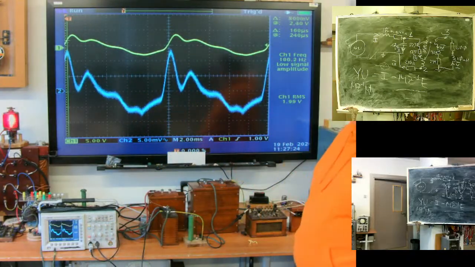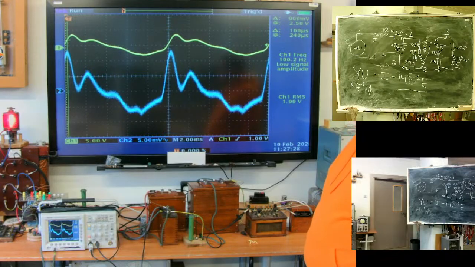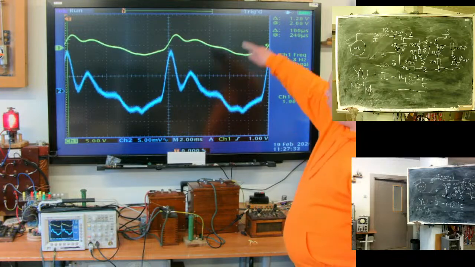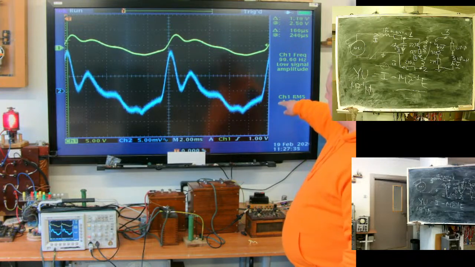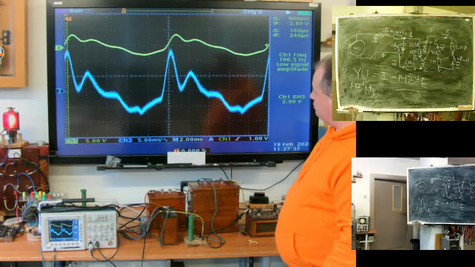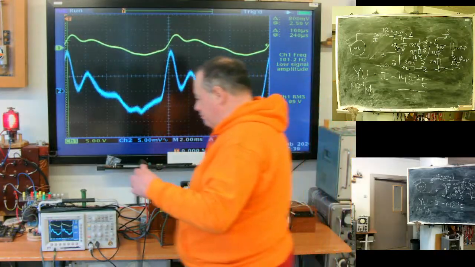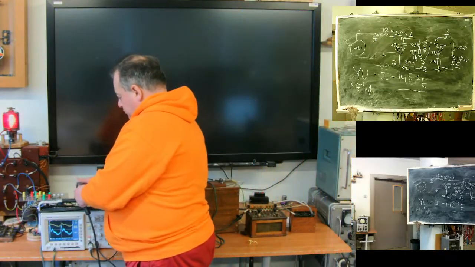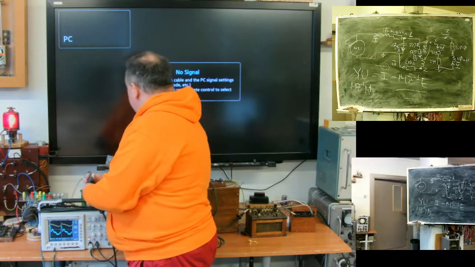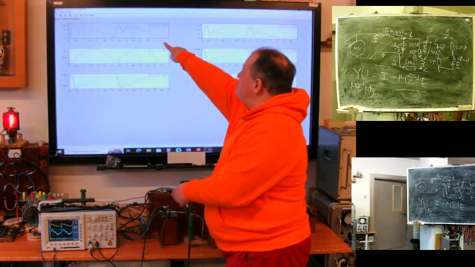This is current in a branch 1. 1, 2 oscillates. 1, 2 decay. This one.